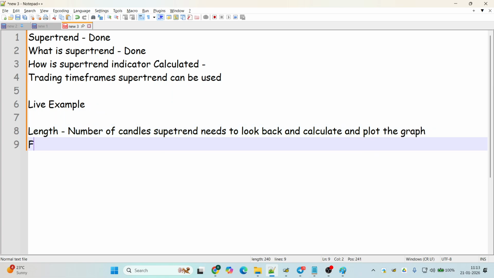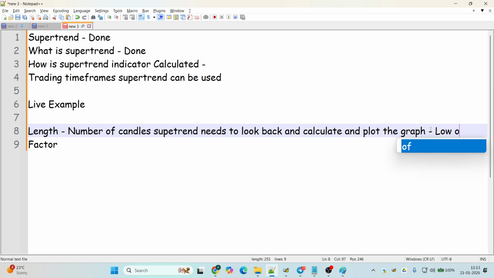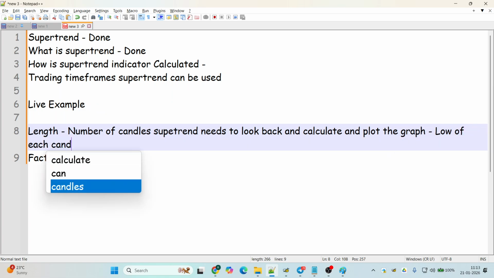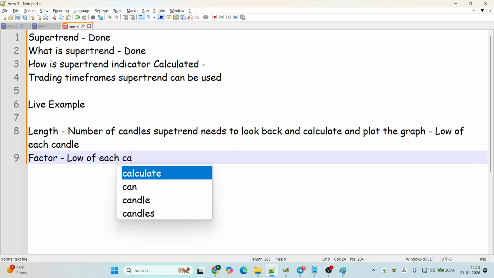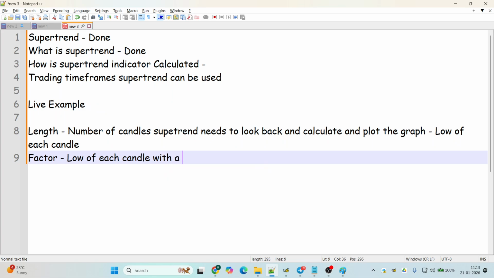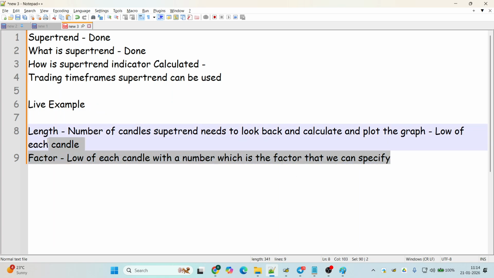And factor: super trend calculates the low of each candle, and factor simply multiplies the low of each candle with the number that we can specify. So super trend has only these two parameters, guys.